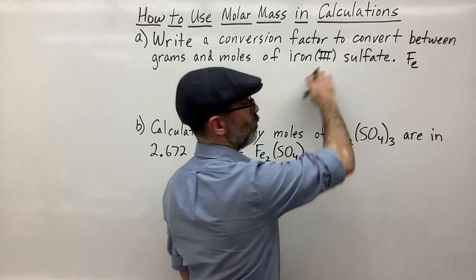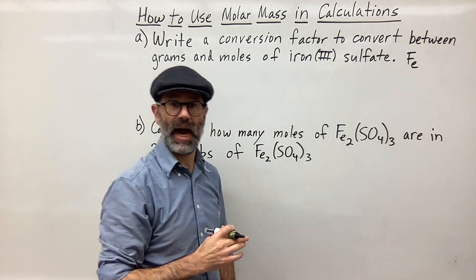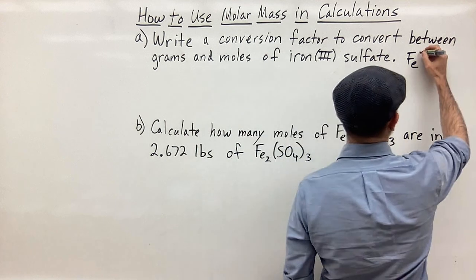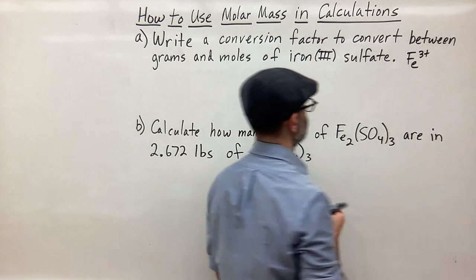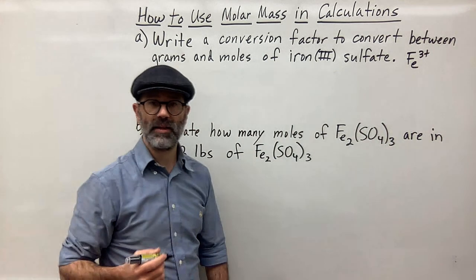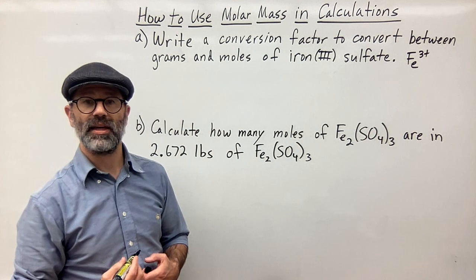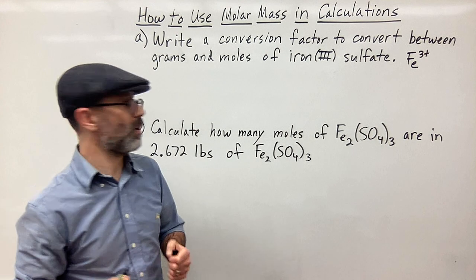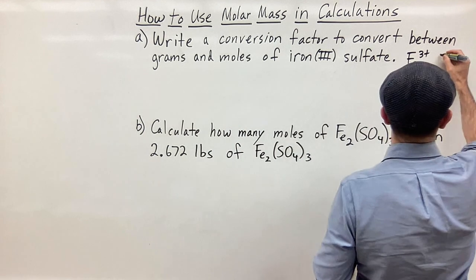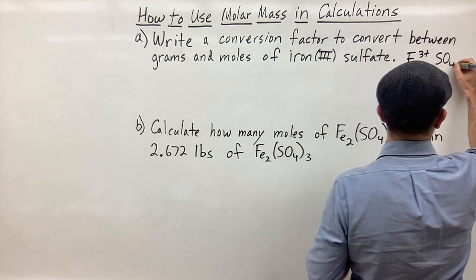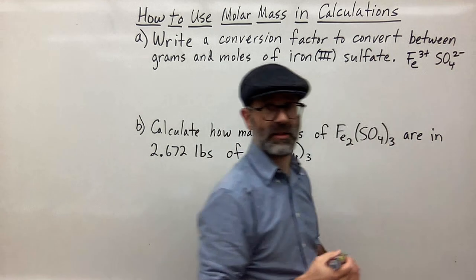The Roman numeral tells us what the charge on the iron is. That's a +3 charge, or 3 plus. And then the sulfate is a polyatomic ion that we need to know the formula and the charge for. That's just something you need to memorize. So sulfate is SO4 2 minus.